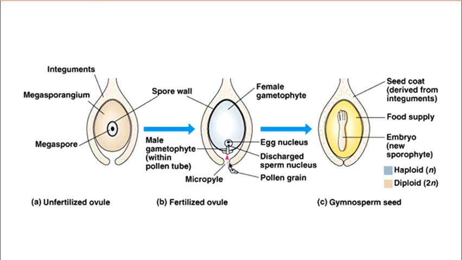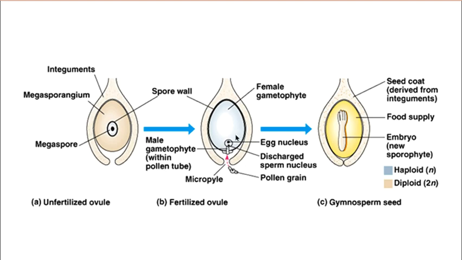Now moving forward, this is the diagram where you can see how it looks after fertilization and seed formation. So this is the first diagram in which the unfertilized ovule is there. You can see the megaspore inside the megasporangium, and outside the integuments are there. Fine. Now the male gametophyte within the pollen tube will come inside from the micropylar area.